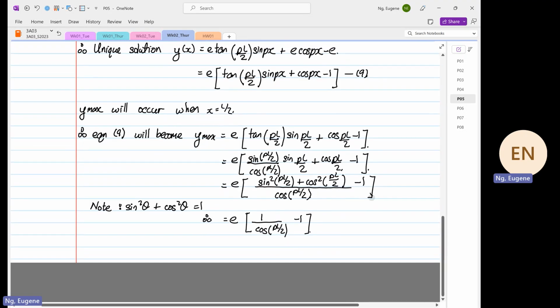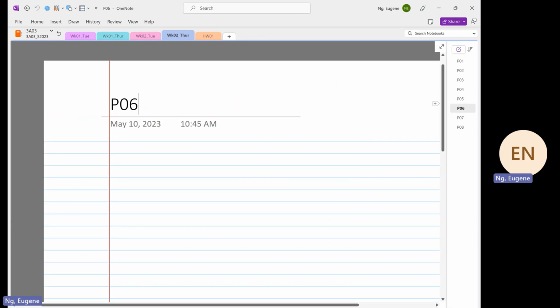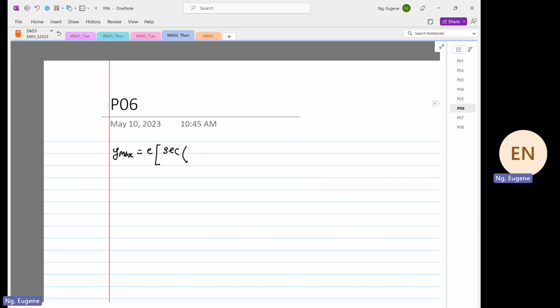And then if I were to rewrite this, Y max will be equal to E, so 1 over cosine is secant, pL over 2, and then minus 1. Okay, and this is our equation 9a, right?